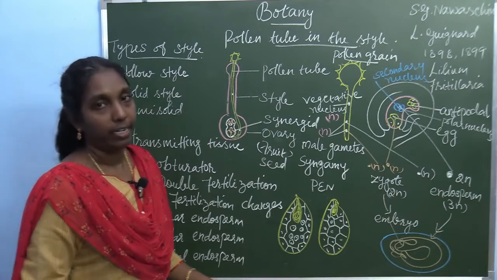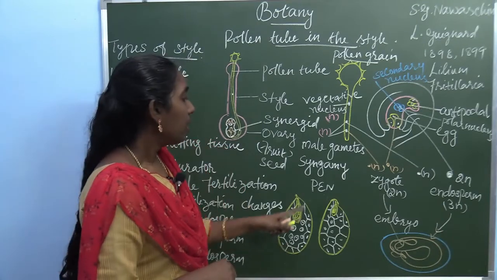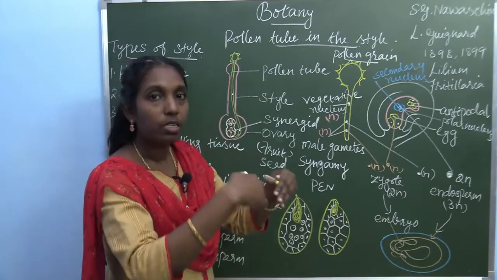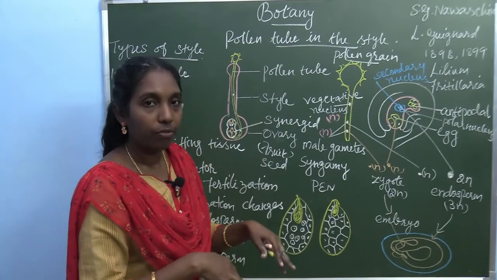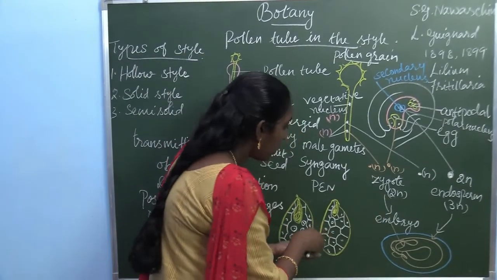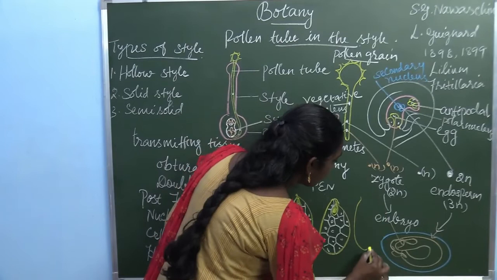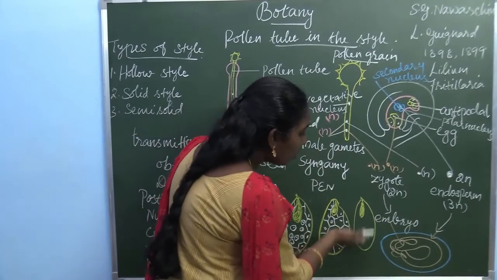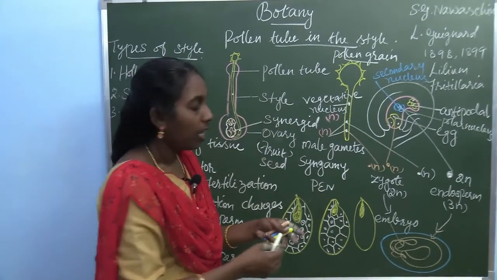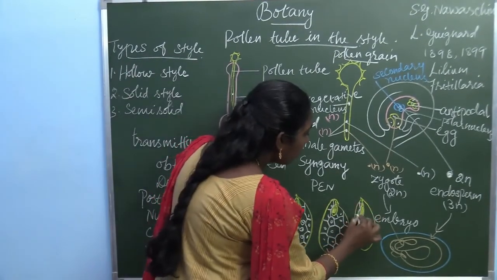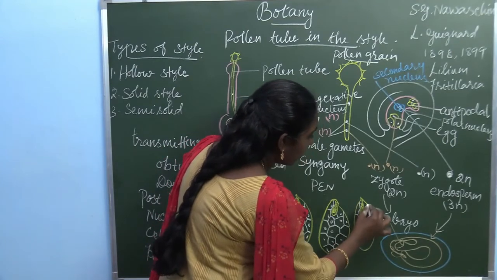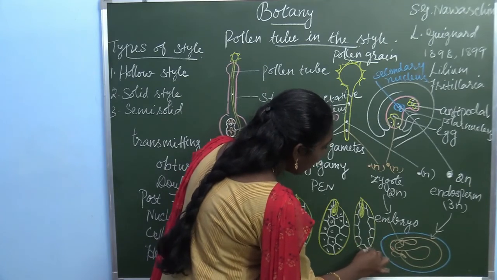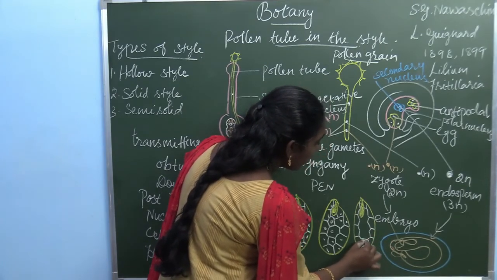And helobial endosperm. In helobial endosperm, the primary endosperm nucleus moves towards the micropylar region, towards the basal region of the embryo sac. In this diagram, it moves towards the basal region of the embryo sac, followed by developing two different chambers: a large chamber at the micropylar end and a small chamber at the chalazal end.